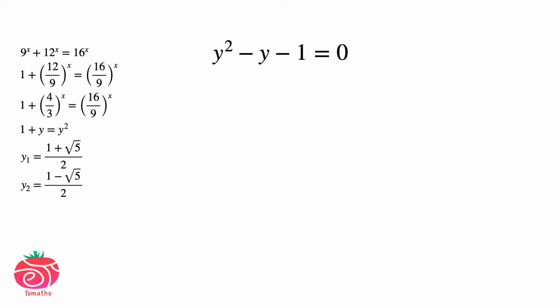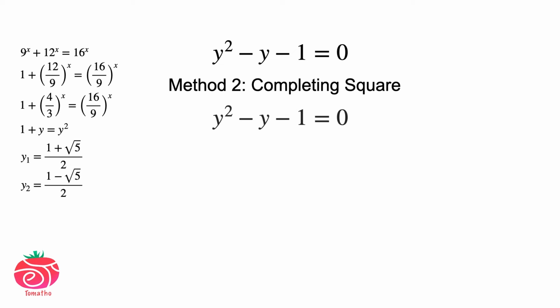Or, if you cannot remember the quadratic formula, there is another method as well, which is completing the square. From the original equation, we move minus 1 to the right-hand side: y squared minus y equals 1. Next, we have to complete the square on the left-hand side. As you can see here, the coefficient of y is minus 1.